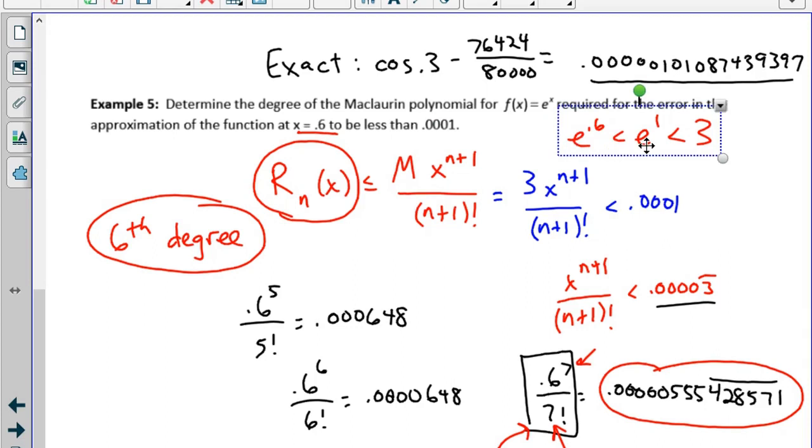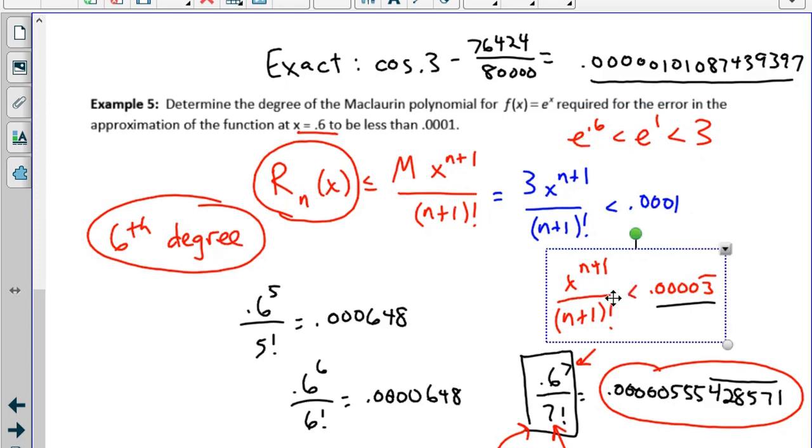I probably could determine it, but it's pretty straightforward and safe to say that e to the 0.6 is less than e to the 1, which is less than 3. So I will replace m with 3. And then I just need that to be less than 0.0001.